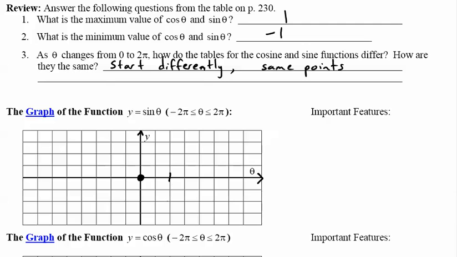When the angle is 90 degrees, or pi over 2, sine is 1. When the angle is pi, sine is 0 again. When the angle is 3 pi over 2, sine is -1. And when the angle is 2 pi, sine goes back to 0.